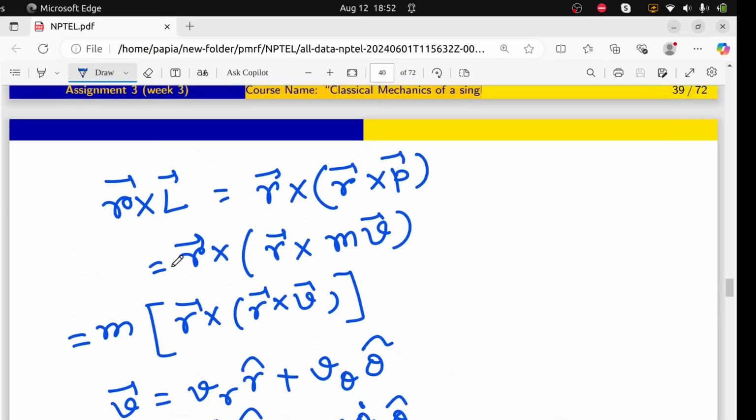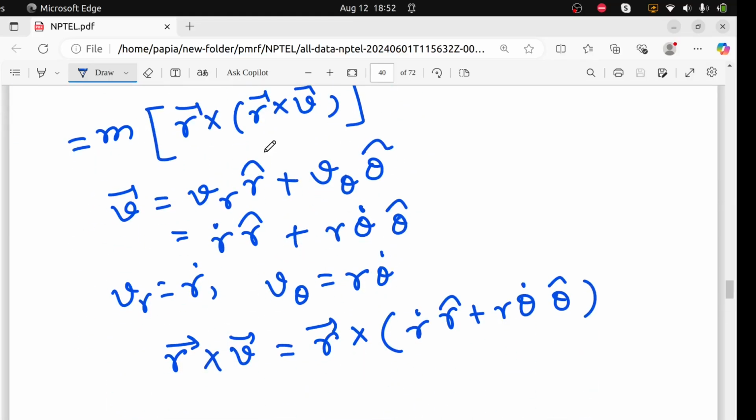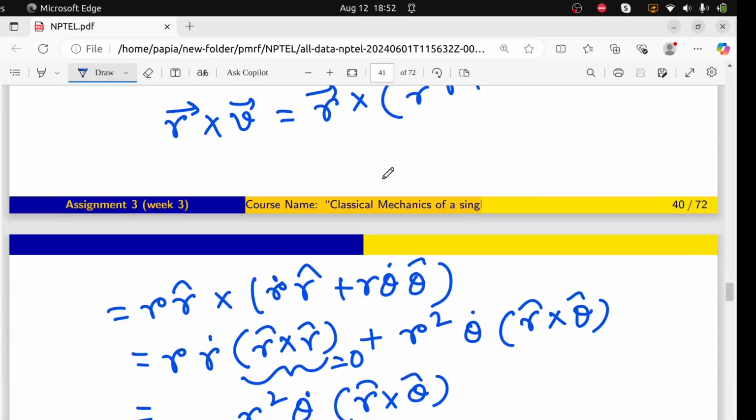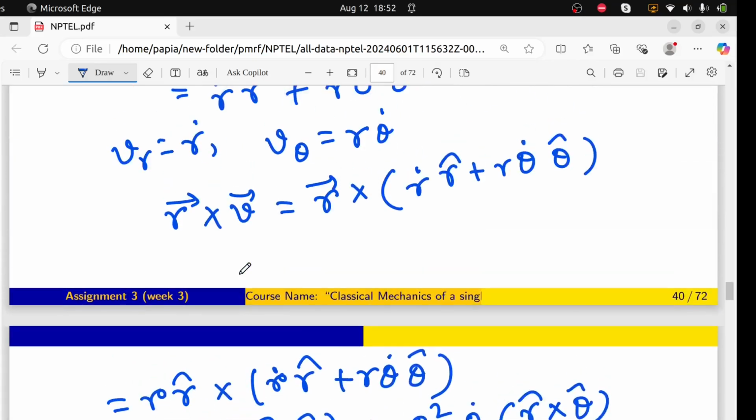Now we just need to calculate this one, r vector plus v vector. So first we calculate r vector plus v vector. Then the answer I will just do r vector cross this answer. So what is r vector plus v vector? I just put this here. Then r vector I can write like r cap.